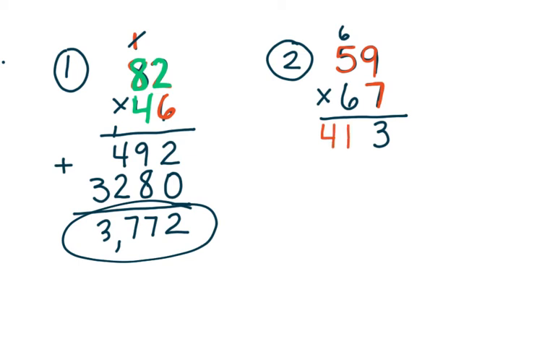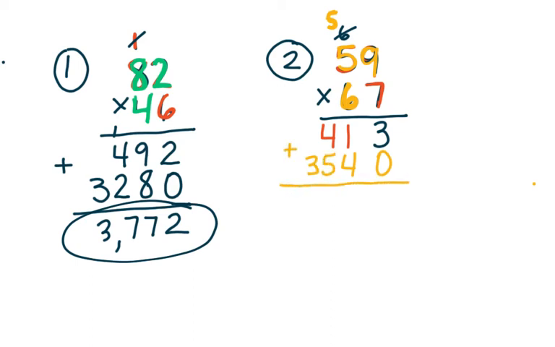Now we're going to be multiplying in the tens place. So what I'm going to do is put a 0 in the ones place. Now I take 6. Let me go ahead and cross that off from previously. 6 times 9 is 54. Put down your 4 and carry your 5 over to the next place value that will multiply. Then take 6 times 5, which is 30, plus 5 more, which is 35.